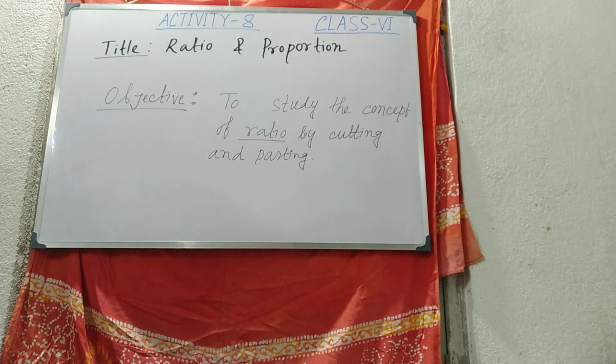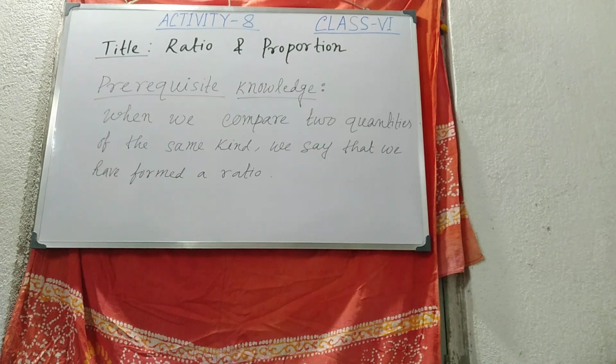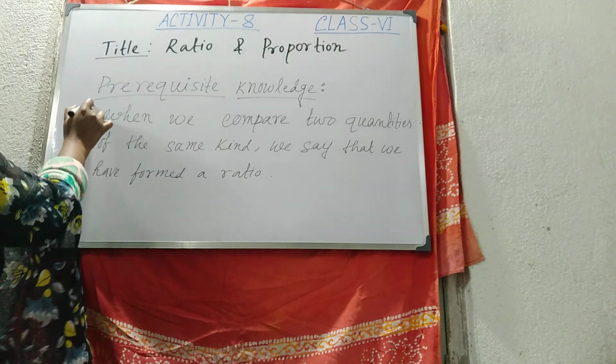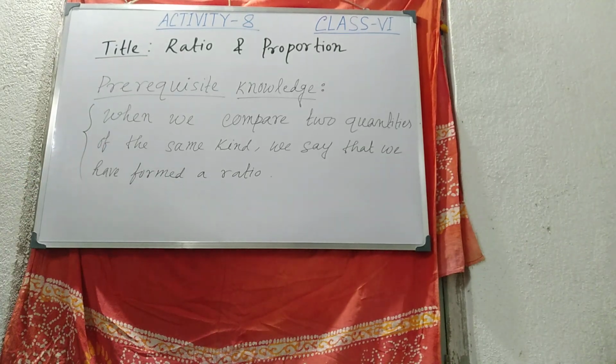Now for doing any activity, we must need some previous knowledge, means prerequisite knowledge. In prerequisite knowledge, we need to know that when we compare two quantities of the same kind, we say that we have formed a ratio.